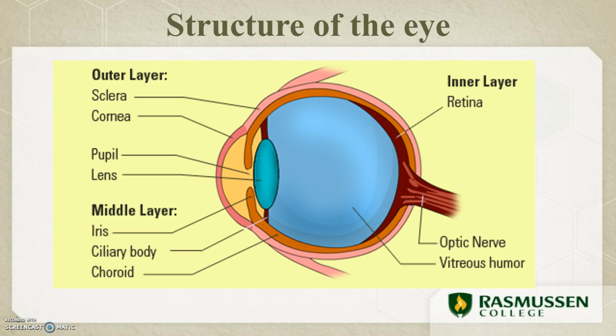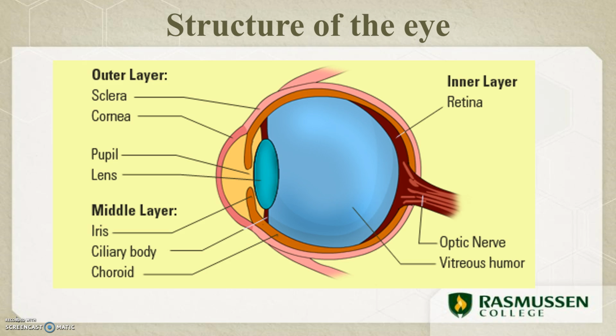Beyond the eye, there are external structures that are associated with your eye. They are your eyelid, your conjunctiva, your lacrimal apparatus, and the extrinsic eye muscles. Your eyelid is what actually closes over the eyeball, and it protects the eye from intense light, foreign matter, and impacts.